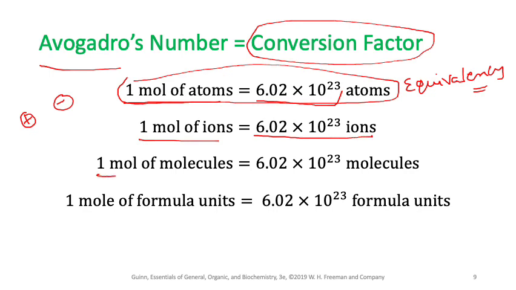Same thing, 1 mole of a molecule means this number of molecules. If I have 1 mole of any formula unit, and if you remember, formula units we always take from ionic compounds, that means I have this number of formula units. Right, so all these we can easily use as conversion factors.